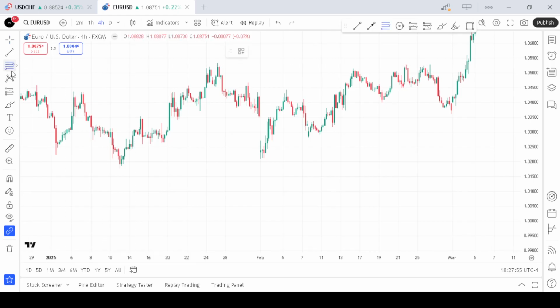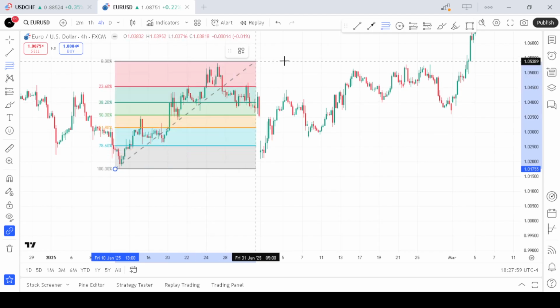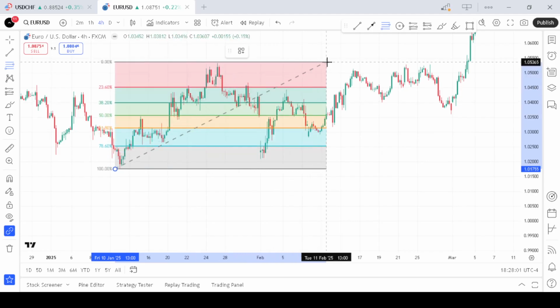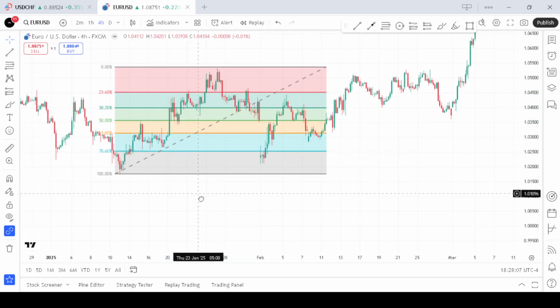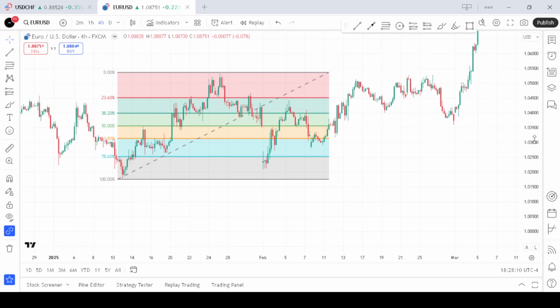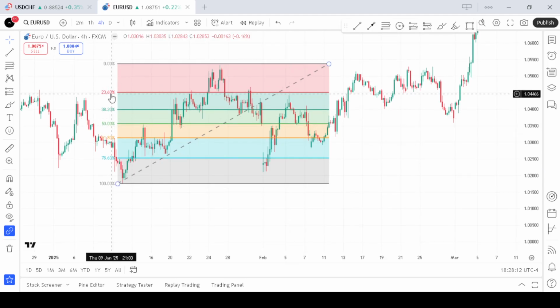And as you can see, drawing our Fibonacci from the start of this move to the end of this move plots all these levels we are talking about. TradingView would automatically calculate and display the Fibonacci key levels, which are the 23.6 level, the 38.2 level, the 50% level, the 61.8 level, and the 78.6 level.